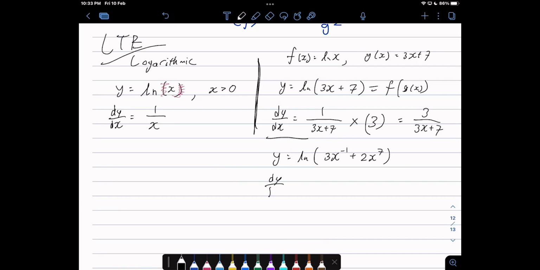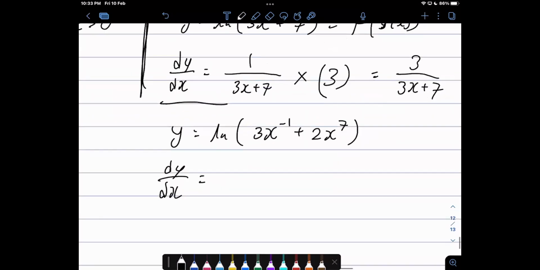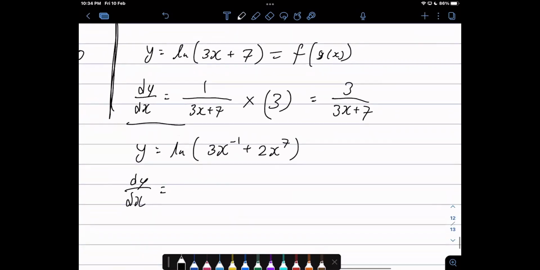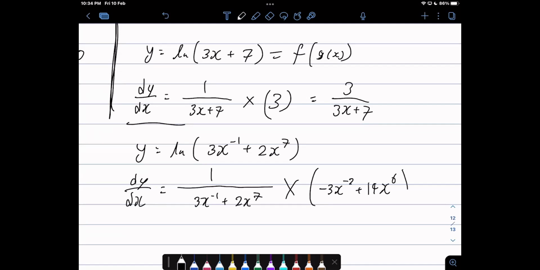So dy by dx equals 1 over 3x to the power minus 1 plus 2x to the power 7, copy paste. Then differentiate inside the bracket, times it. What is it? Minus 3x to the power minus 2 plus 14x to the power 6.